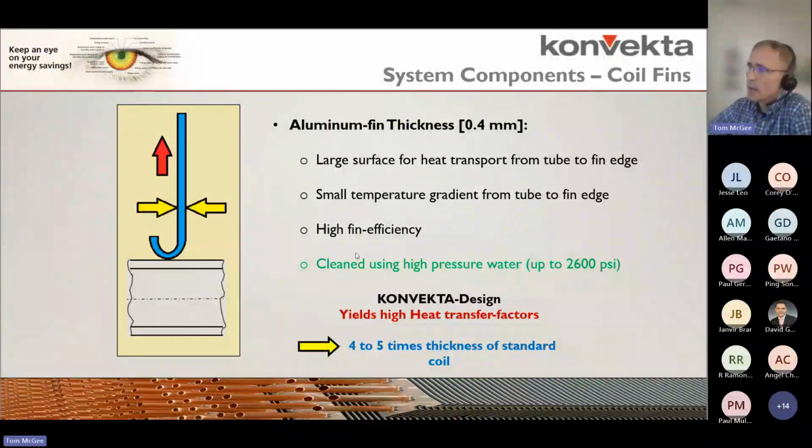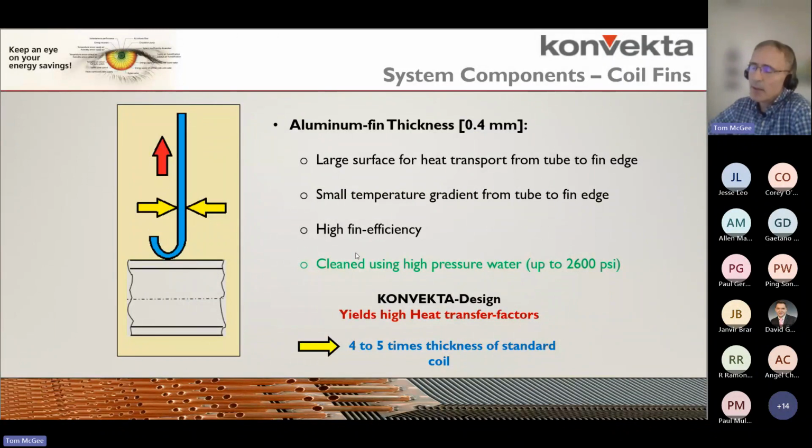One other element that's different, Konvekta versus off-the-shelf traditional coils, is the thickness of the fins. So our fins are very rigid. The thickness is 0.4 millimeters, which is 4 to 5 times the thickness of a traditional coil fin, and that lends itself to good transfer between the tube and the fin, or the fluid and the airstream.